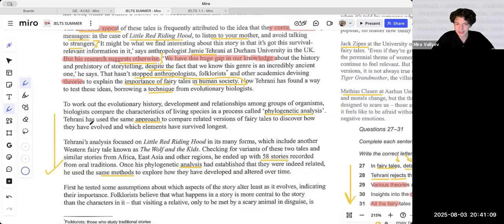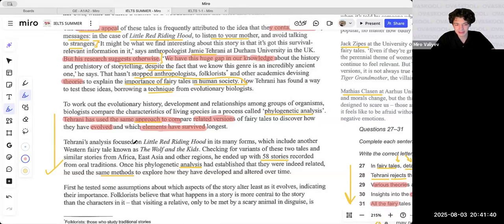Tehrani has used the same approach to compare related versions of fairy tales to discover how they have evolved and which elements have survived the longest. So you see, he's using this technique to compare related versions of fairy tales to know how those fairy tales were evolving and which elements specifically survived for the longer time, yeah.